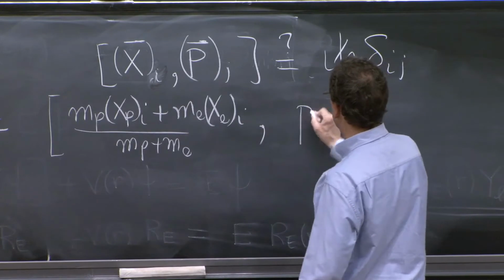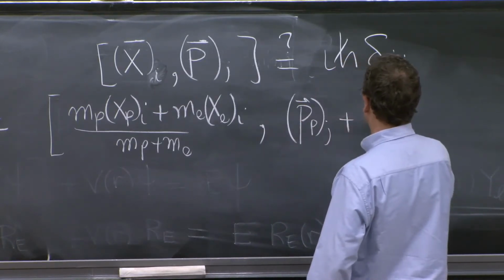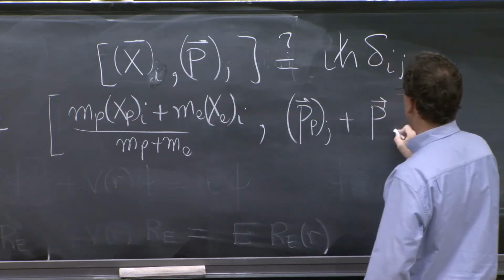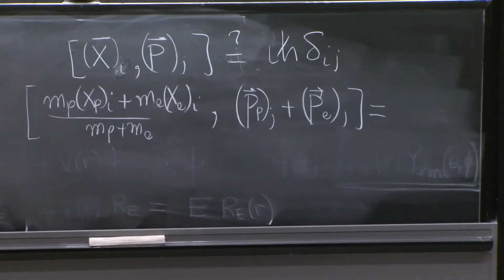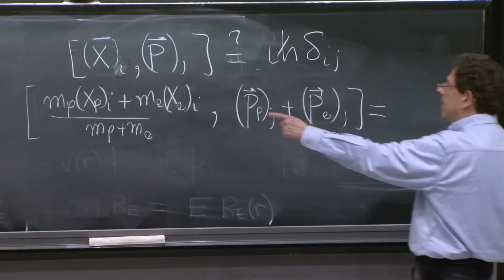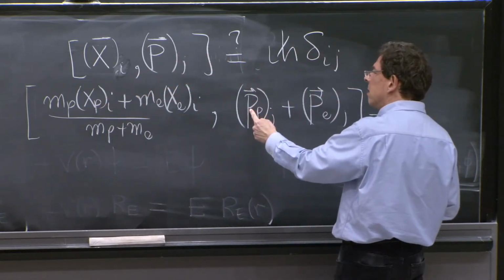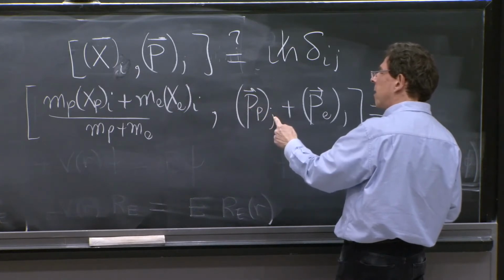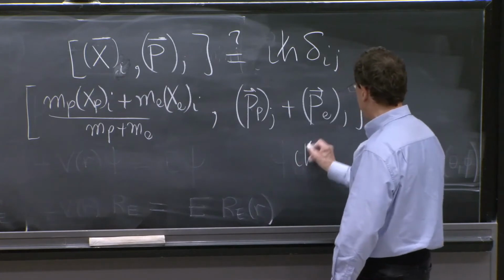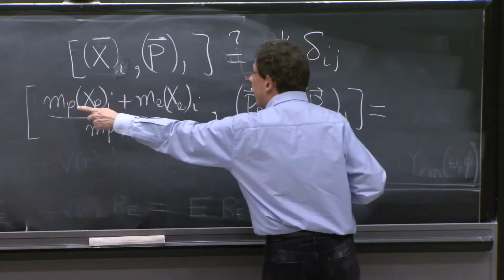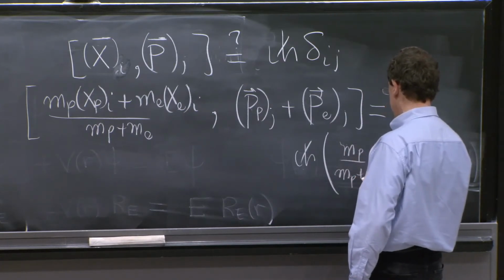P, on the other hand, is the momentum of the proton sub j plus the momentum of the electron sub j. What is it equal to? And then you say, look, from X_P with momentum sub P, yes, they give me i h bar delta_ij, but there will be an extra M_P over M_P plus M_E.